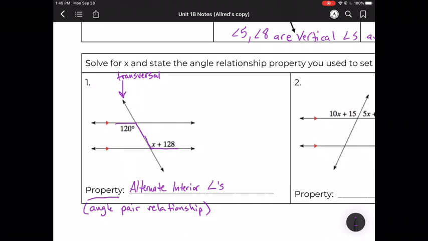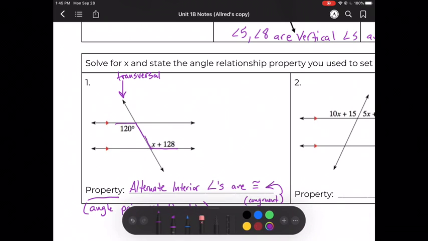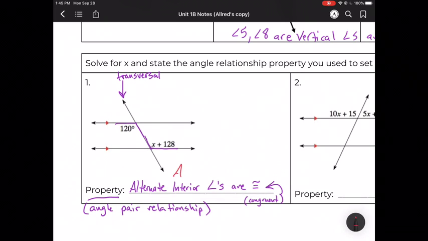Alternate interior angles are congruent. And remember, that symbol means congruent, which means equal in measure. Alternate interior angles are congruent. You can actually abbreviate that property as alt int angles congruent.